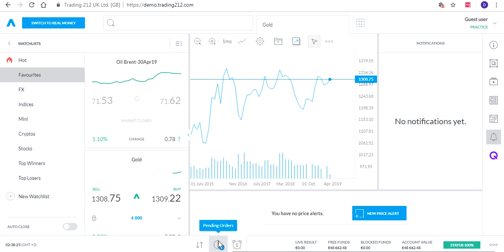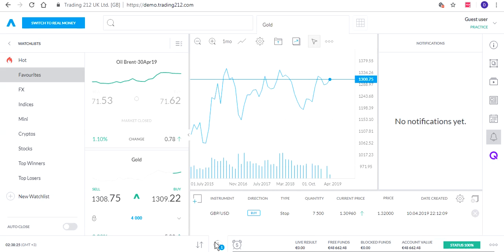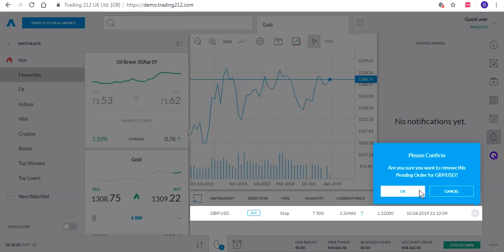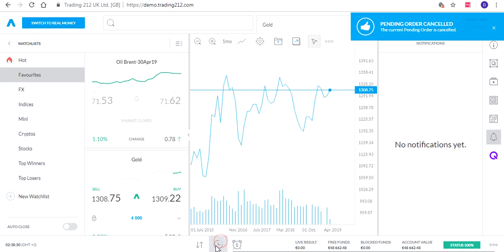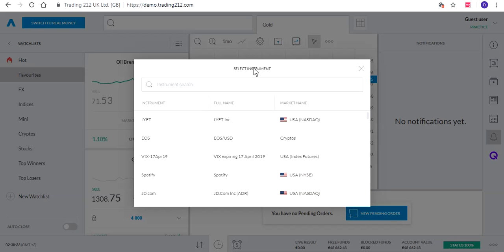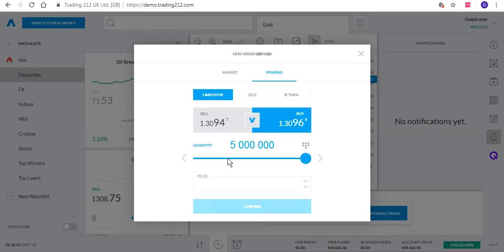Here we can see this button that helps you to place your orders. For example, I'm going here to give a new order for, let's say, Great British Pound against US dollar. So in this case, you can tell the market to buy, for example, 10,000 pound against US dollar when the price becomes 132.